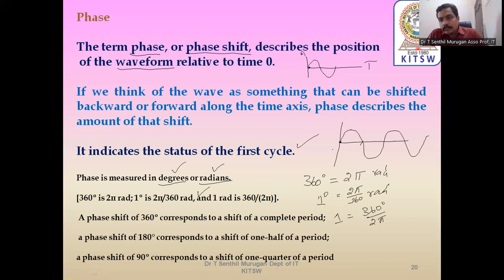Once it reaches 360 degrees, we can say that is a complete period. 180 degrees corresponds to a shift of half a period, and 90 degrees corresponds to a quarter period. This is 90 degree, this is 180 degree, this is 270 degree, this is 360 degree.